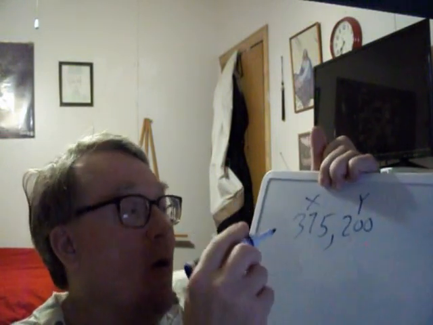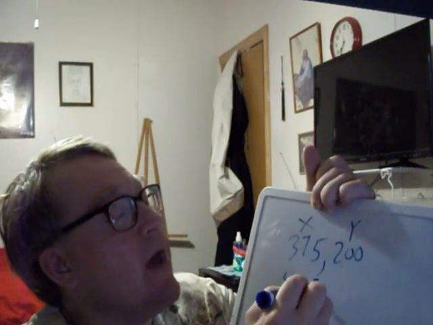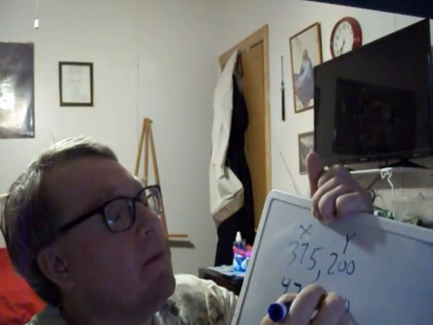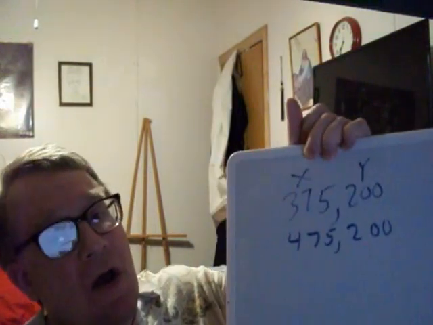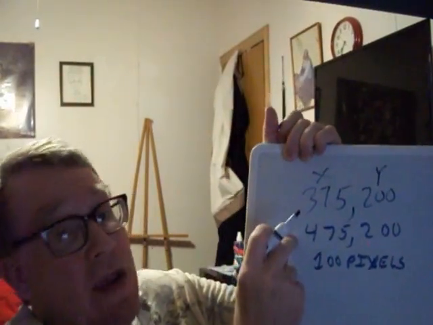Now the other one underneath is 475 and 200. So basically what you've got here is 100 pixels. You got 100 pixels between the beginning coordinate and the ending one.